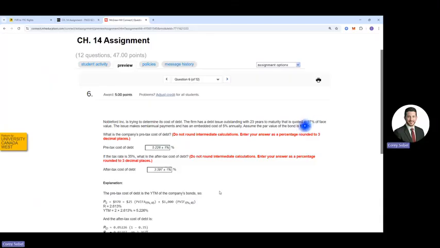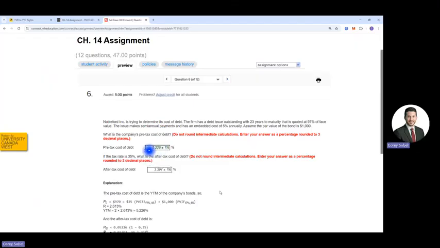The annual payment is 5% coupon times 1,000, that's $50, divided by 2 because they're semi-annual, so a $25 payment. Then I'm going to hit compute IY. That gives me 2.613% as the interest rate, and I multiply it by 2 to get the annual interest rate, which is 5.226%.